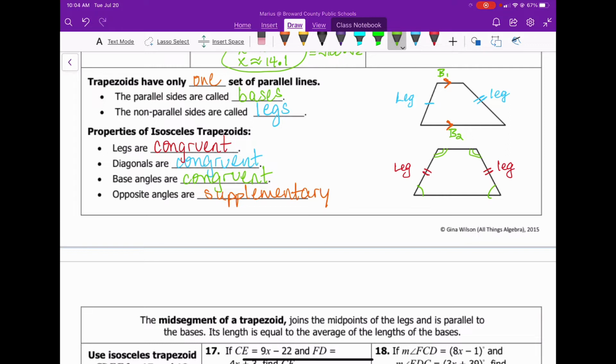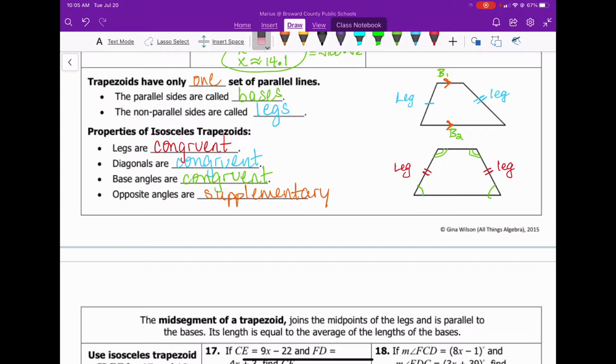The top base angles are congruent, and the two bottom base angles are congruent. Opposite angles just means that when I draw from one corner to the opposite corner, those angles, when you add them together, equal 180 degrees. So those are good things to know about the isosceles trapezoid and trapezoids in general.